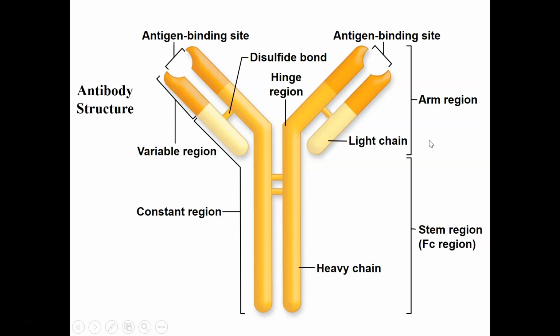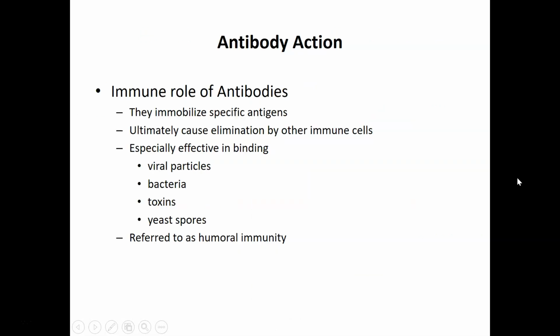So as far as the 2 functional regions, the antigen binding site in the variable regions, that's functionally important. And the stem or FC region, the base of the molecule, is functionally important as well. So what do those do?